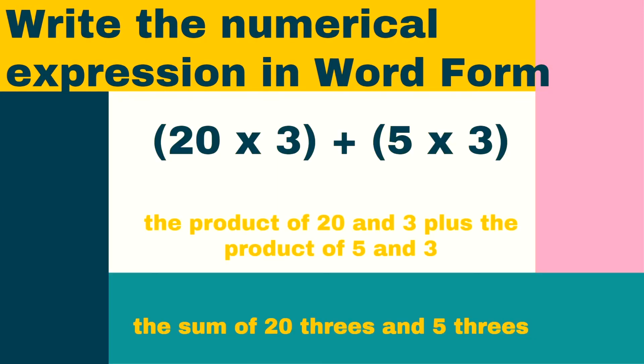I might want you to find the product of 20 and 3 plus the product of 5 and 3. That's one way I could write it. That's giving instruction that you have to multiply and find the product of 20 and 3 and then add the product of 5 and 3. Or you could say the sum of 20 threes and 5 threes.